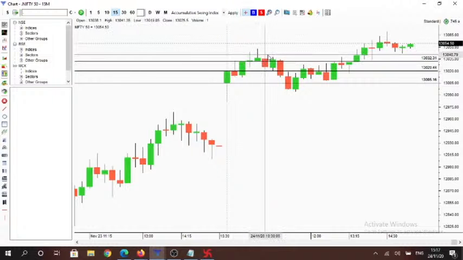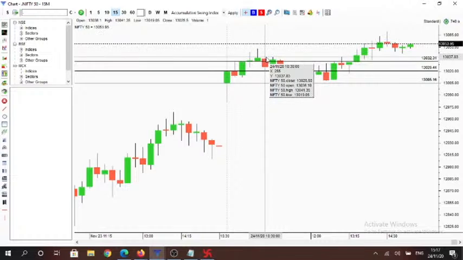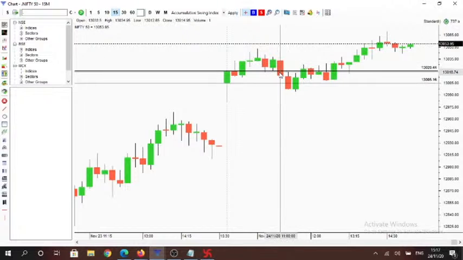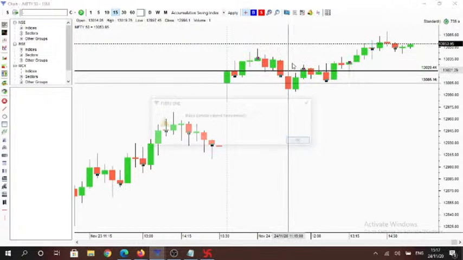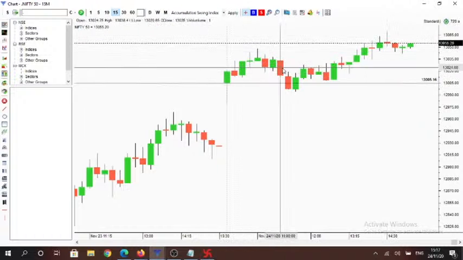At this point our stop loss got triggered in this candle. After that, there was no trade for us.